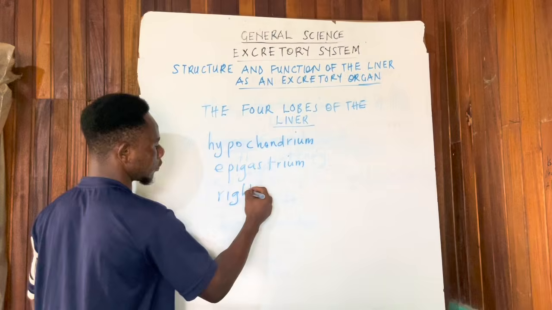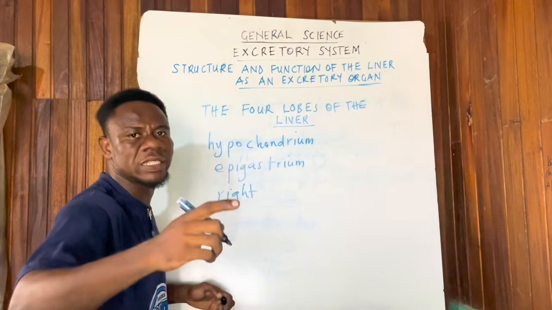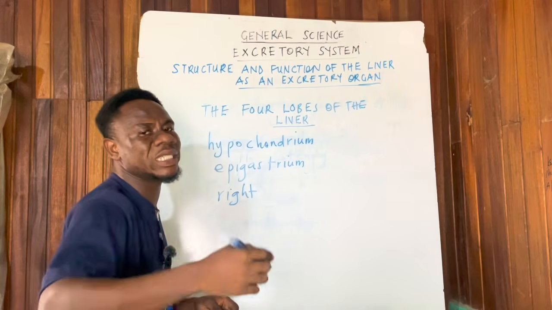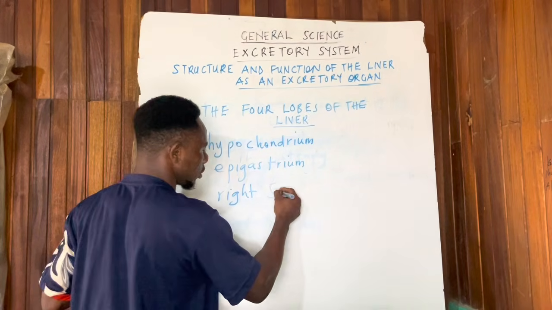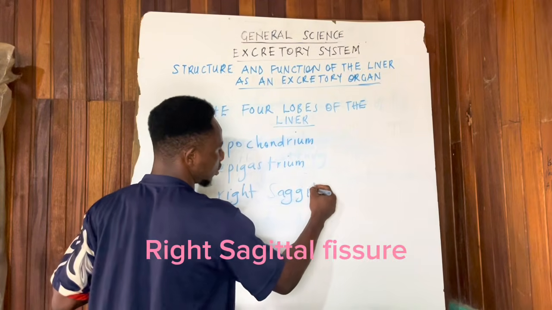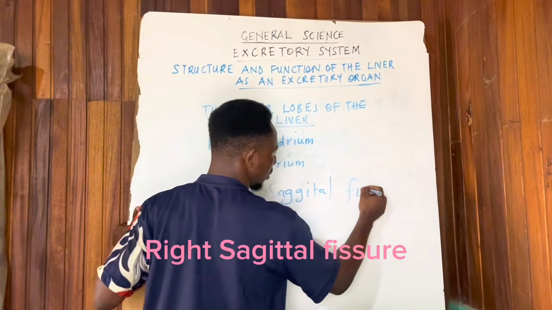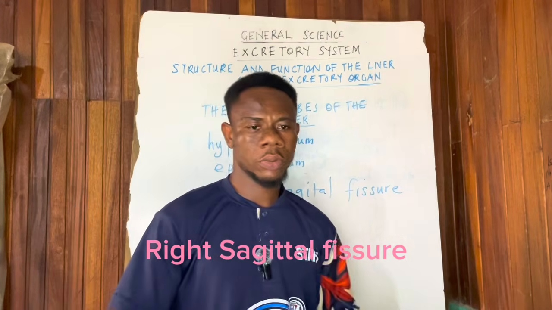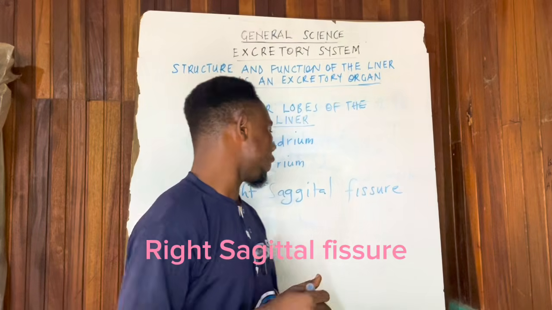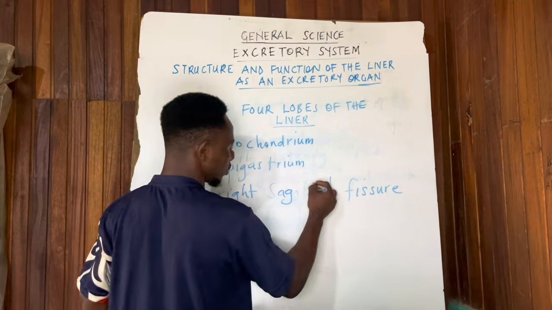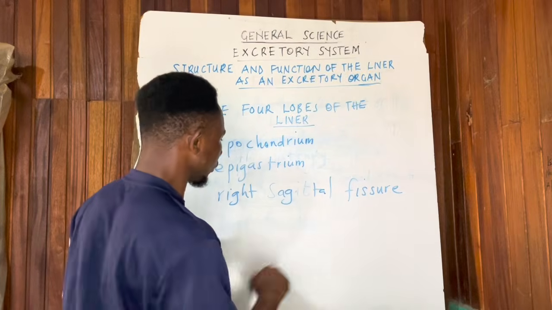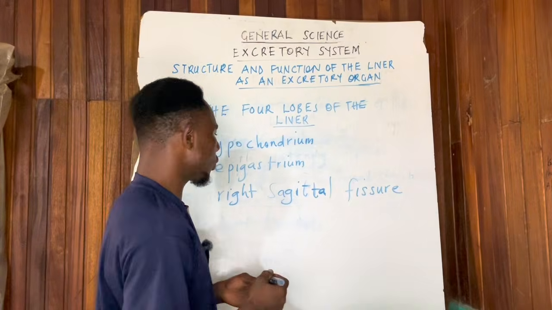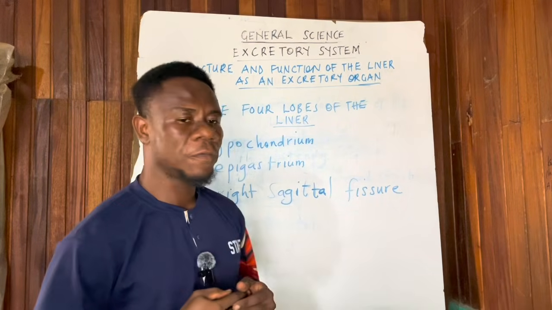I said it is separated from the caudate lobe by the right what? Sagittal fissure. The right sagittal fissure.